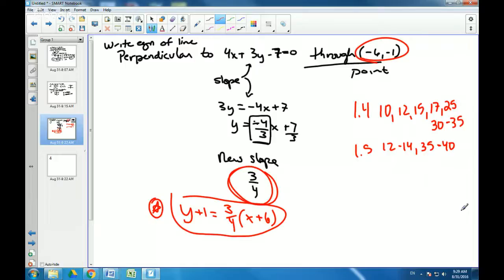One t-shirt. I'm reading these problems.